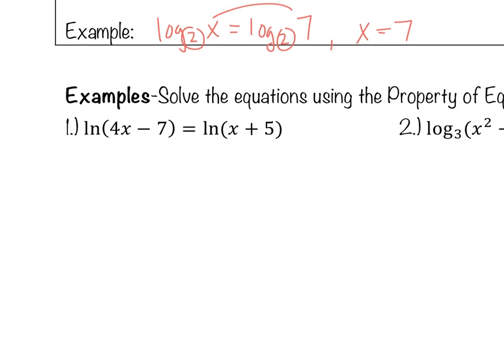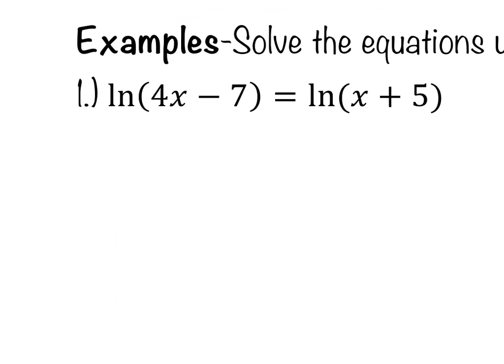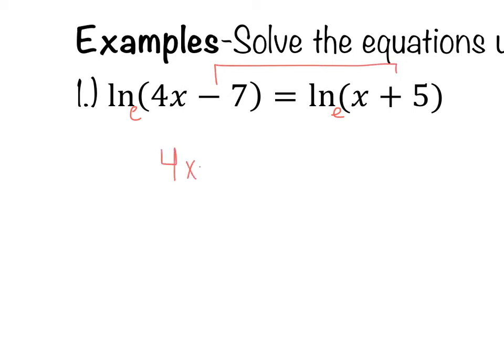So we'll look at the first example here. We have natural logs, and natural logs, if you remember, have the same base e, so we can apply the property of equality. Since you have logs of the same base, we can just set whatever they're logging equal to each other. So I have 4x minus 7 equals x plus 5.